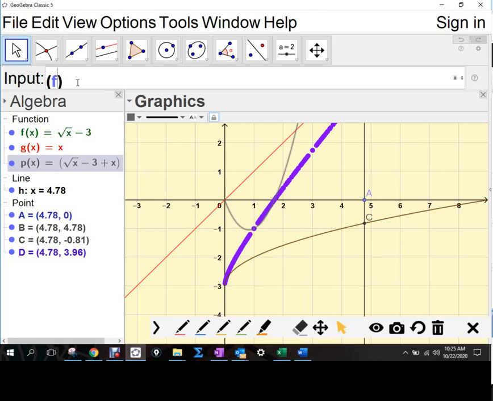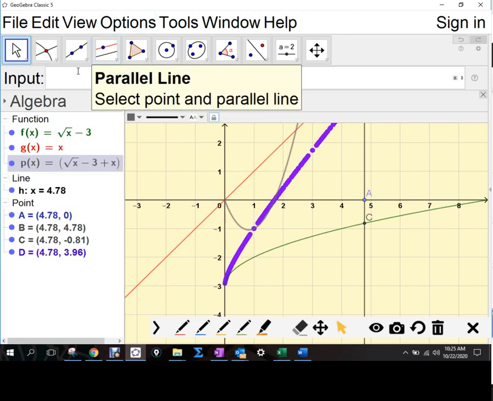My keyboard's messed up. F plus G. Unreal. Give me a second. Let me fix this. Okay.